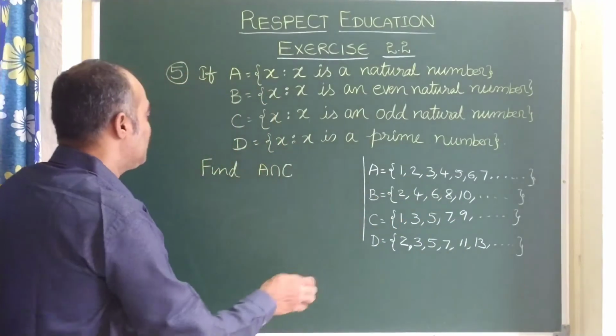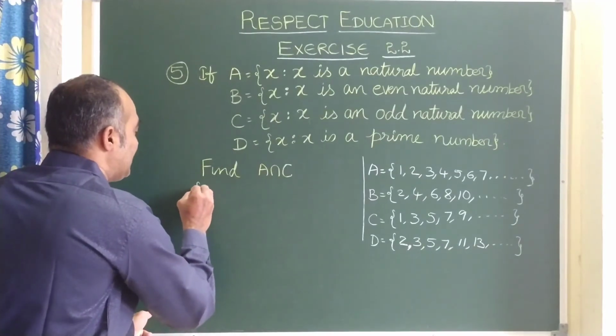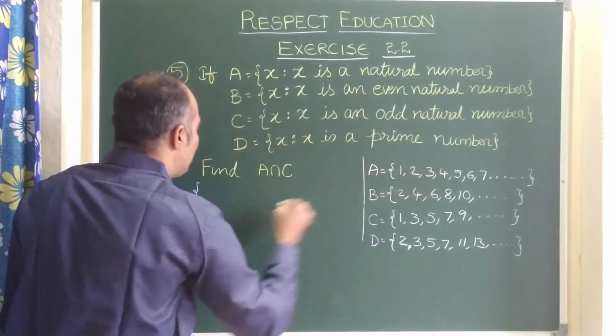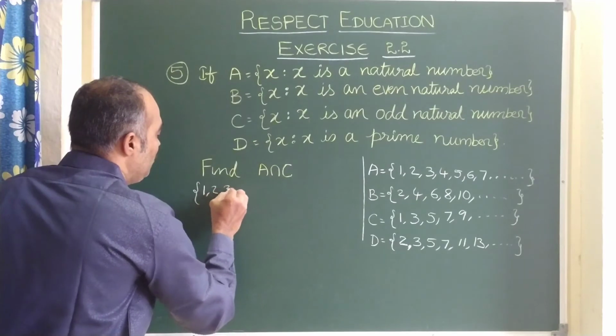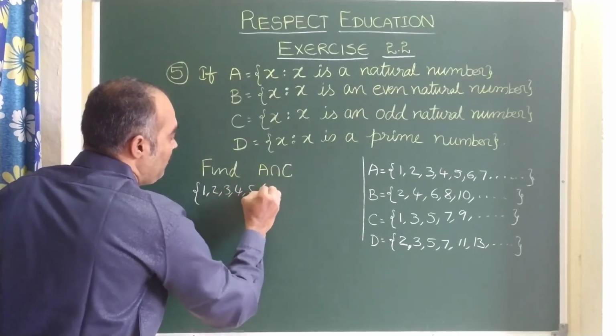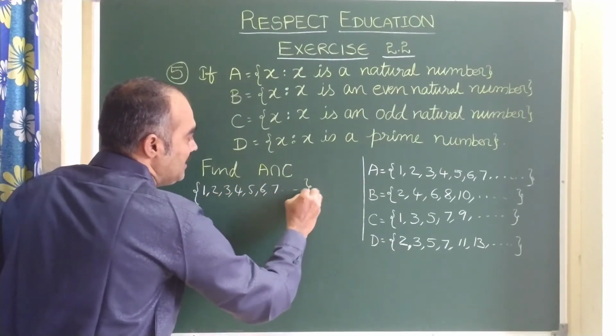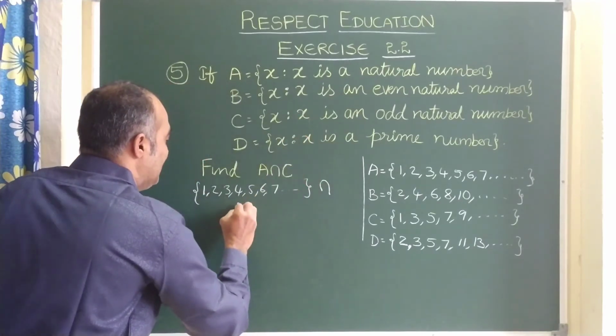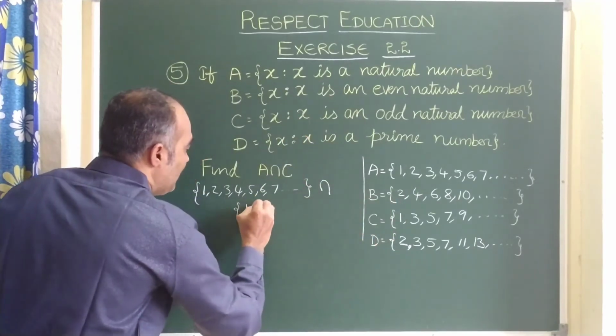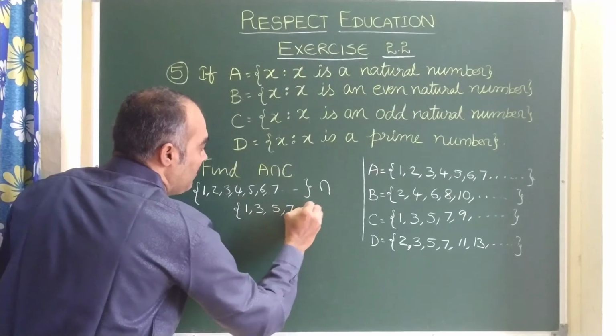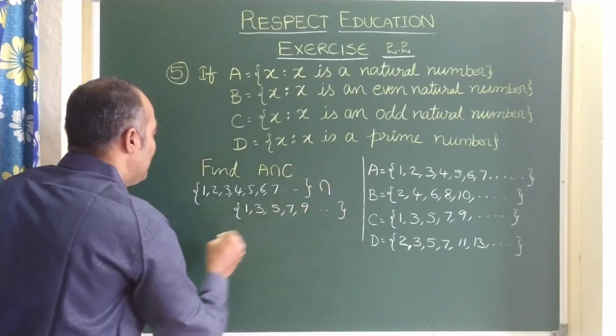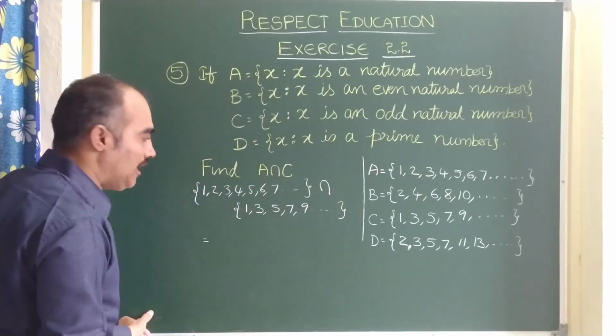Don't write directly. So here let us see first, let us take A. A means 1, 2, 3, 4, 5, 6, 7, and so on. This is A intersection C. C is 1, 3, 5, 7, 9, and so on. So here we need to take the common elements.